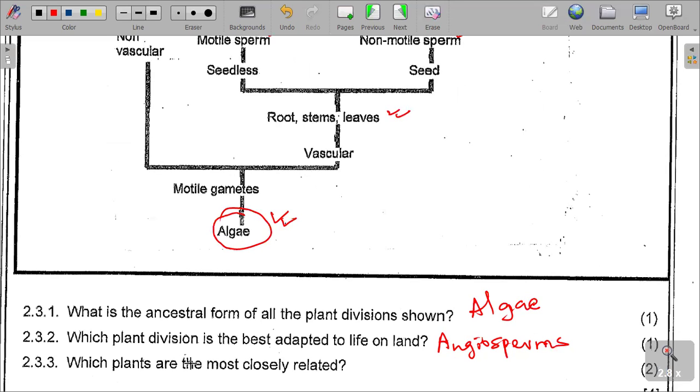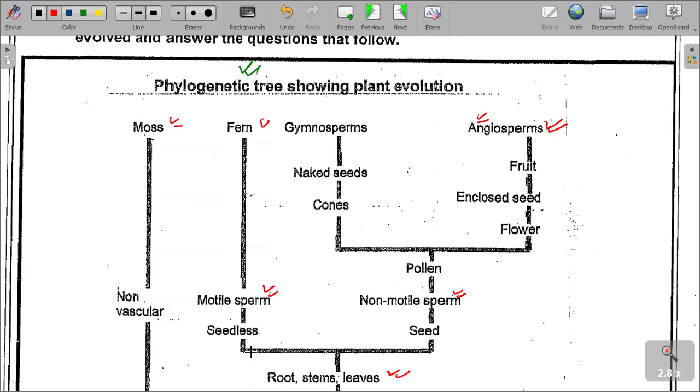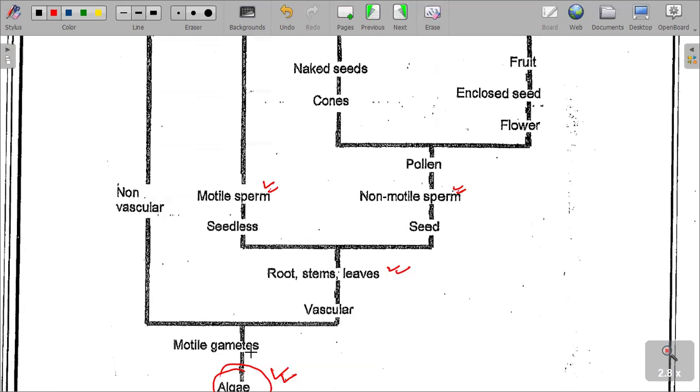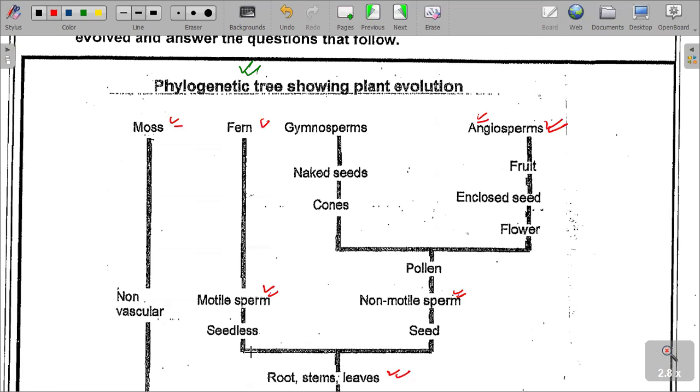So which plants are the most closely related? We look at the process of evolution, to say which ones are the closely related plants. If you look into it, we have the gymnosperms and what? We are talking about plant divisions, those which are closely related.